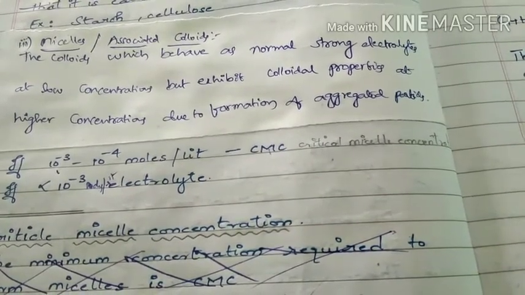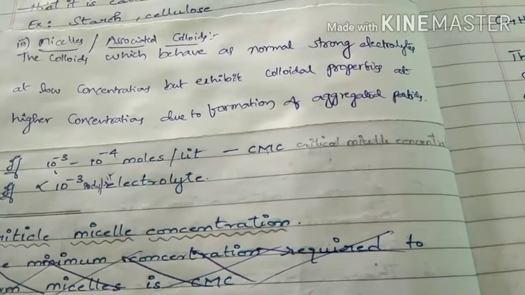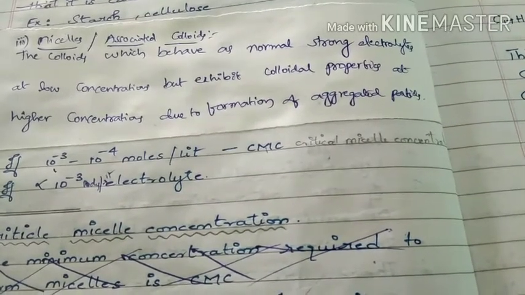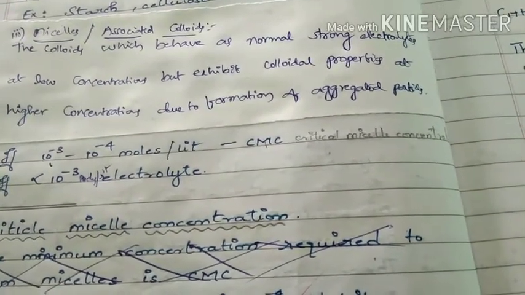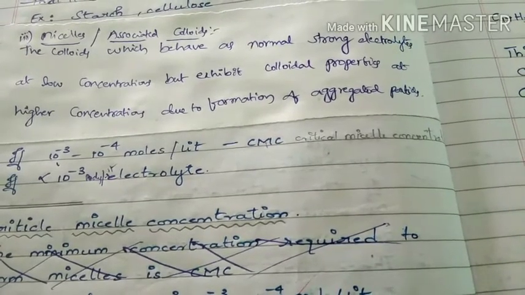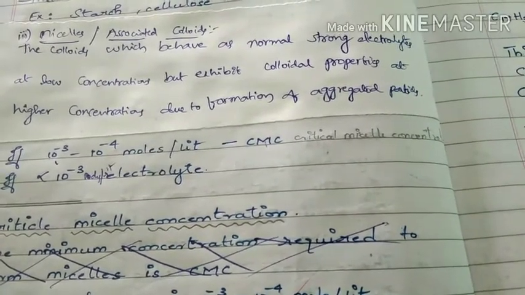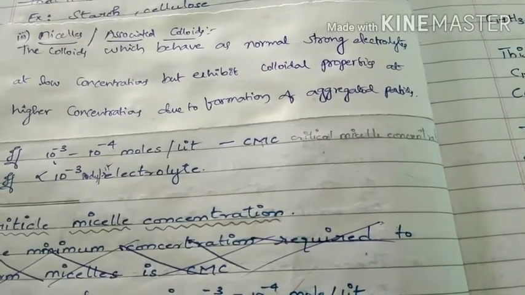Because if concentration is less, that means number of moles are less, nothing but number of particles are less. If the number of particles are less, those particles become free. If the particles become free, then they can move readily from one place to another place.